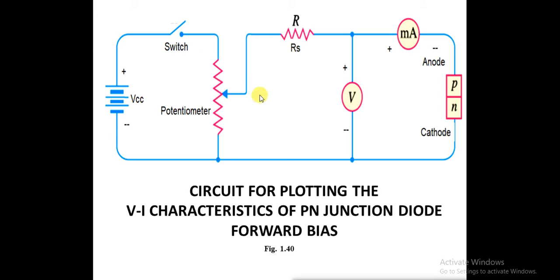Here a potentiometer is used to regulate the input supply in steps of 0.1 volts when the PN junction diode is forward biased. The resistance Rs or R is the current limiting resistor which prevents excessive flow of current in any voltage fluctuations.